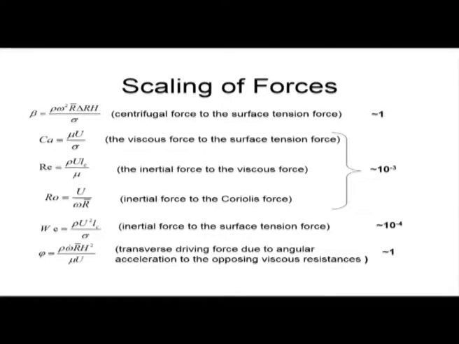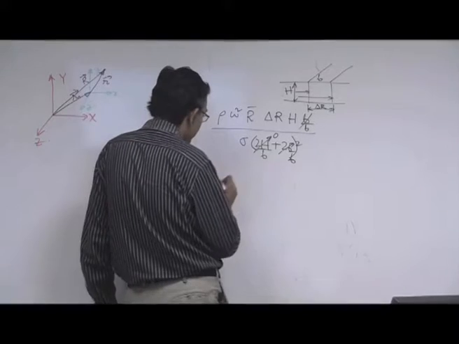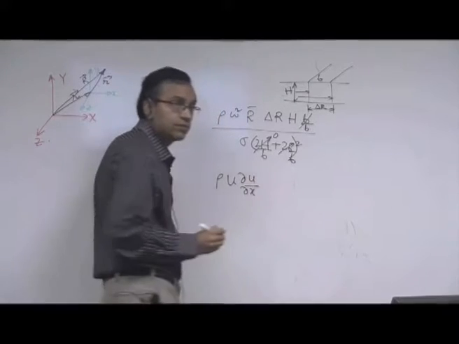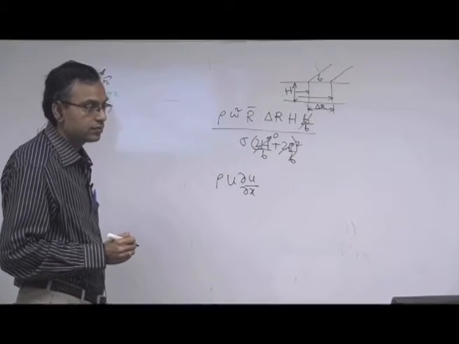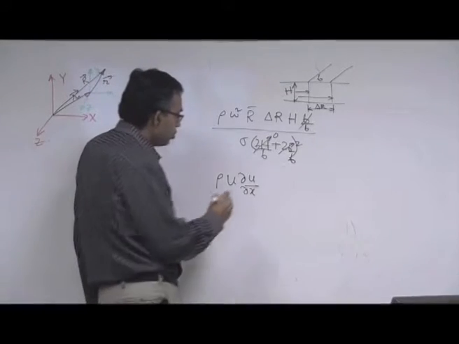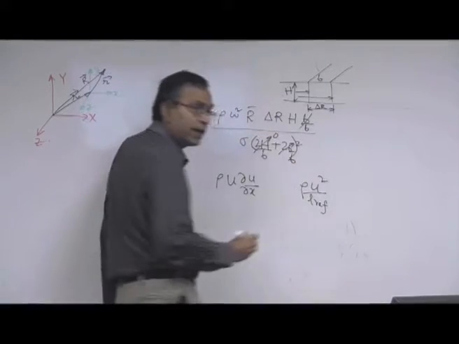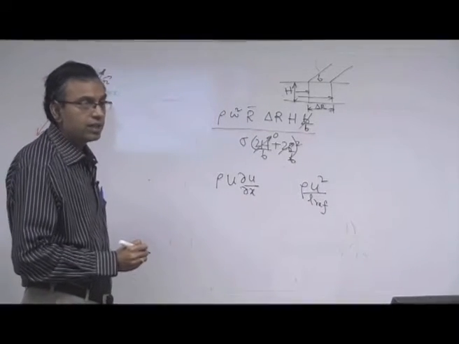So how does it come? Inertial force is of the order of what? Inertial force per unit volume. How do you calculate inertial force per unit volume? Let us come to the board. So the inertial force term is what? Rho u del x, these type of terms. So rho u square by some L reference per unit volume. What is the Coriolis force?